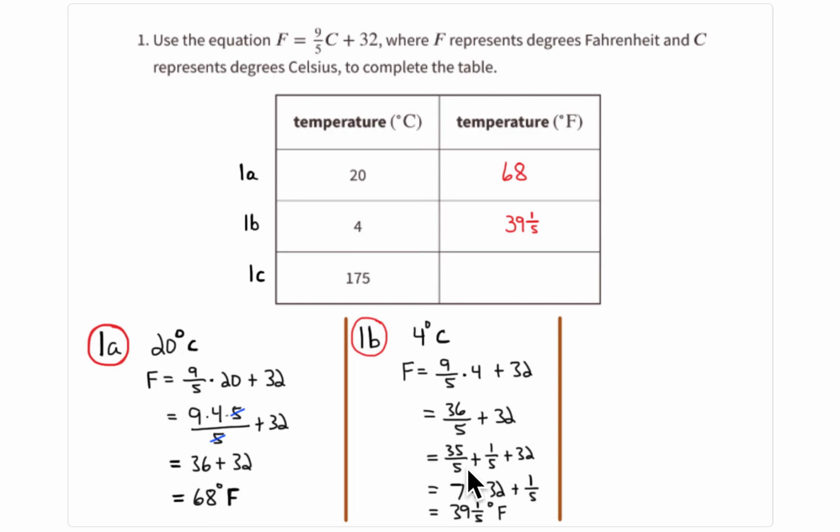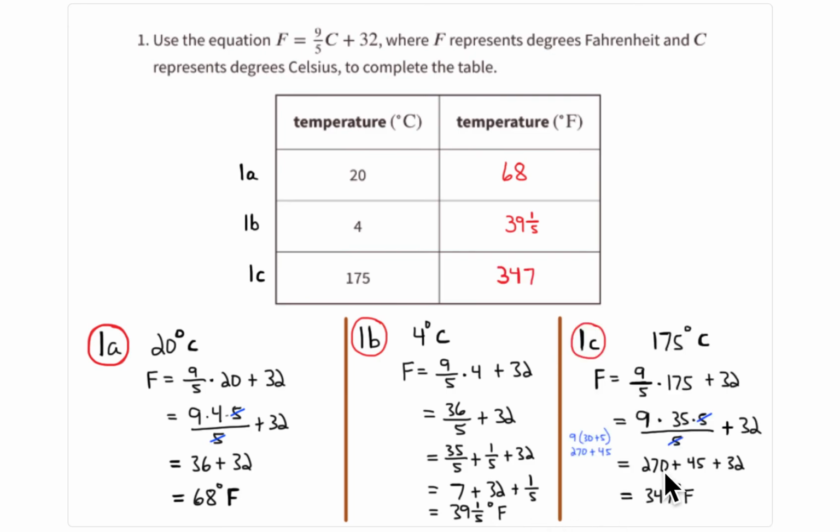And one of those choices is 35. So 35 divided by 5 is 7. So that leaves 1/5 left over. So you use 35 of these fifths to make 7, with 1/5 left over. Add these all together. So 7 plus 32 is 39. And then that 1/5 is 39 and 1/5 degrees Fahrenheit.